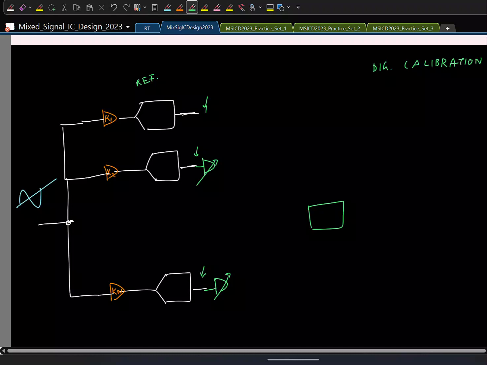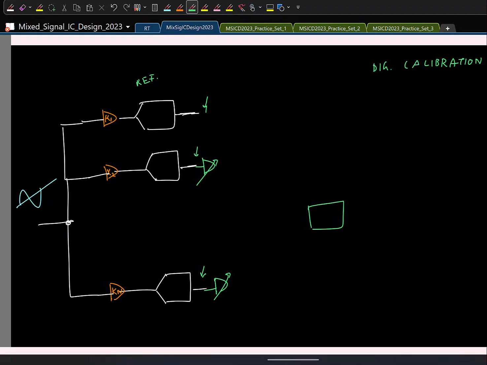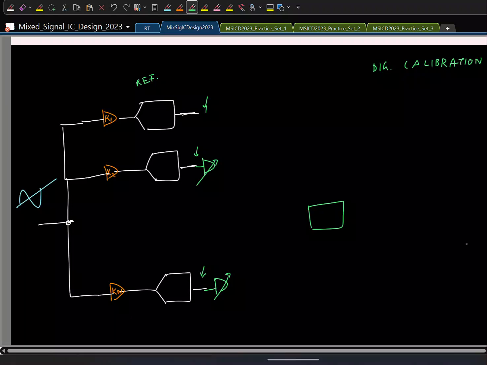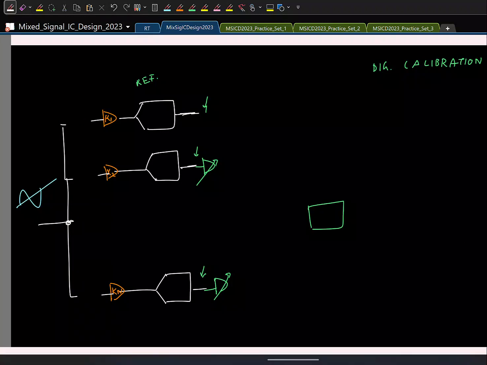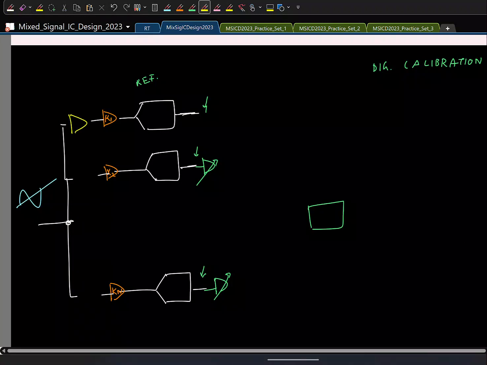In some cases, because of the way the ADC has to be used at the system level, you might have an amplifier before this. The gain of this amplifier is usually programmable. So instead of correcting for the gain error here, you can also change the gain of this amplifier and correct it.